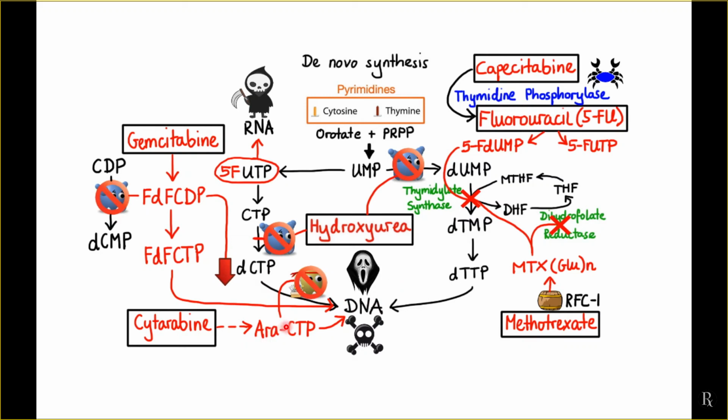And this incorporation will not stop the DNA production. That is why it's harder to fix these incorporations, and that will lead to masked death. That's called masked death with the DNA production.